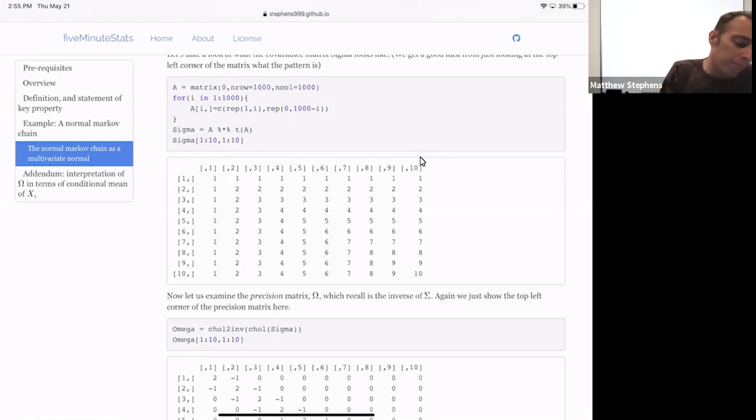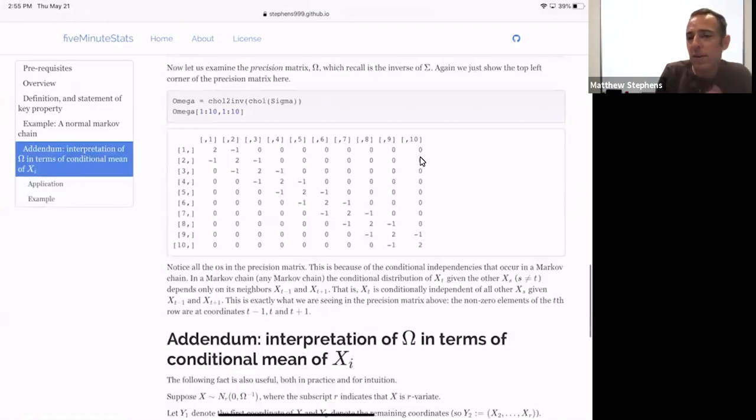And so if you look at the sample inverse precision, the sample precision matrix, in fact, that often doesn't even exist because often the sample covariance matrix isn't invertible. So you have to do some kind of inference to get to the precision matrix.